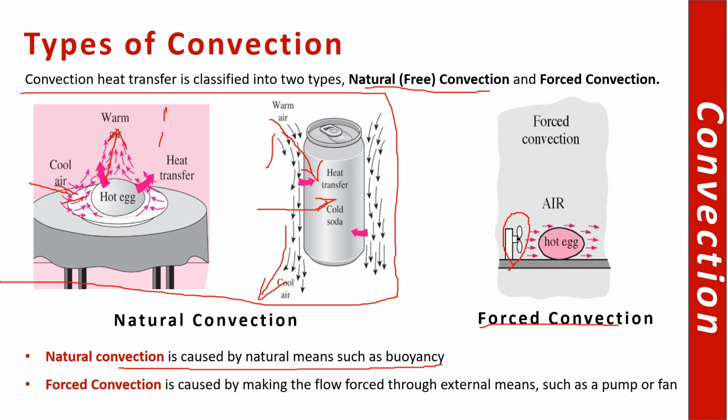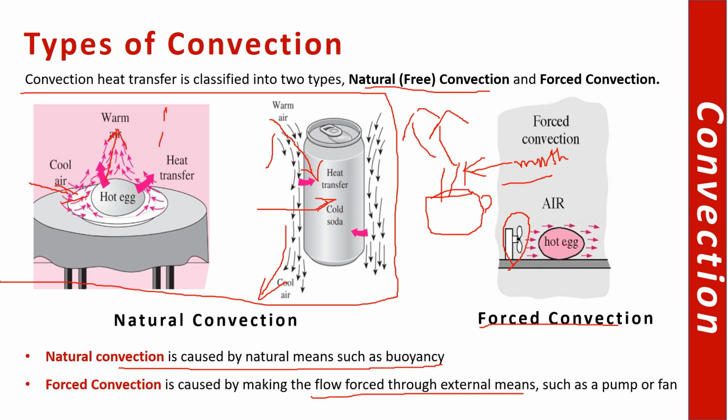As far as forced convection is concerned, the flow is forced through external means such as a pump or air. As you have seen, if you have a hot cup of tea and you blow air through your mouth, the heat transfer takes place more quickly and rapidly.